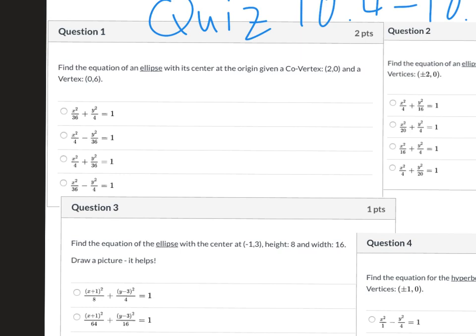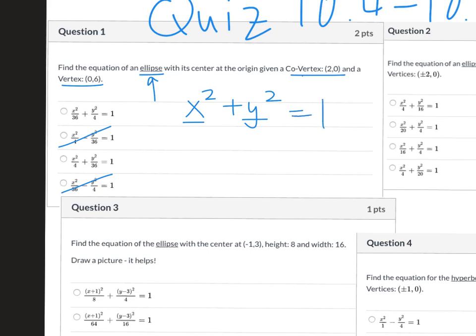So we're going to find an equation of an ellipse with its center at the origin, and we're given a covertex and a vertex. Now, this is an equation of an ellipse, so when you're taking a multiple choice quiz like this, you can go ahead and cross out the answers you know are not going to be it, because an ellipse always has a plus in the middle between those x and y squares.